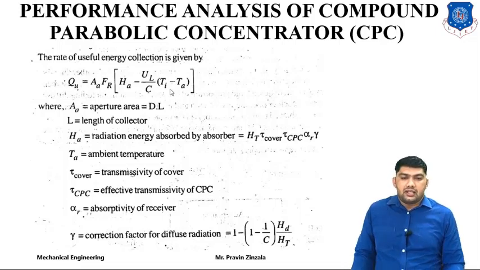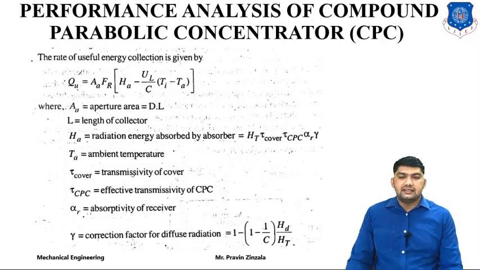In the parabolic collector, we also utilize the same or related equations as for the flat plate collector. The useful energy collected by the compound parabolic concentrator, or CPC, is given by this equation.